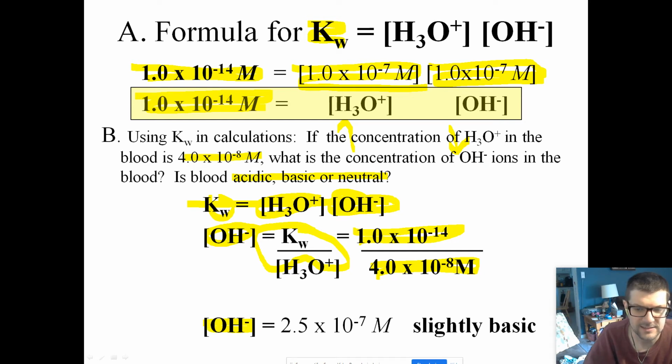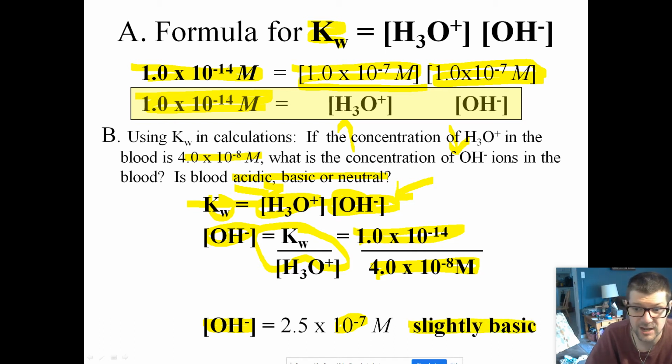And then it asks us, is this an acid or a base? This comes back to what's stronger in concentration, hydroxide or hydronium. If the hydroxide is higher in concentration, which is the case here, 10⁻⁷ is a bigger number than 10⁻⁸, then it's going to be basic.